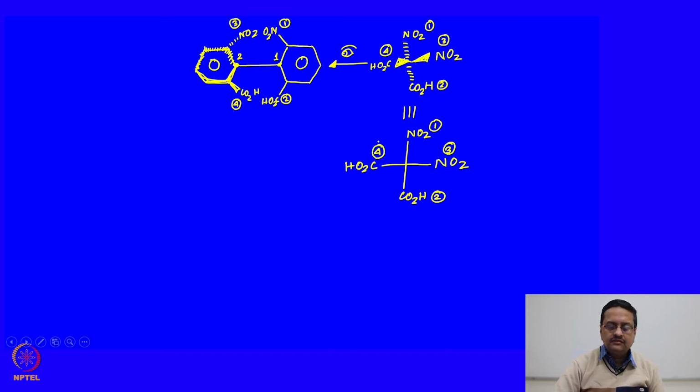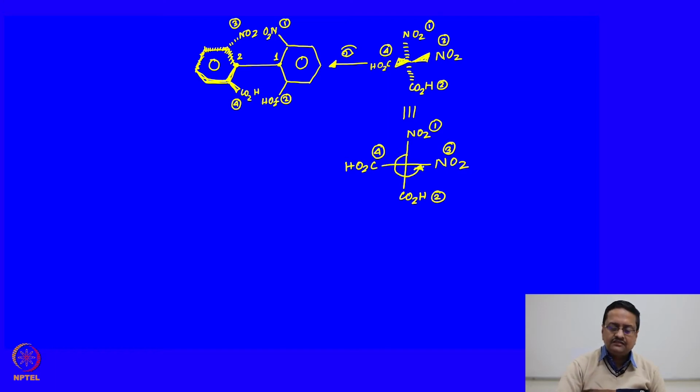Now if I try to identify the correct designation for this chiral compound, we go from 1 to 2 to 3 in the opposite direction, that is the anticlockwise direction.